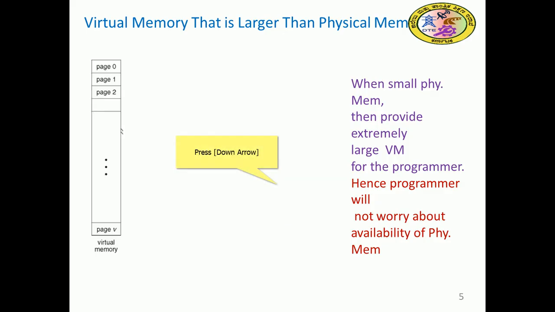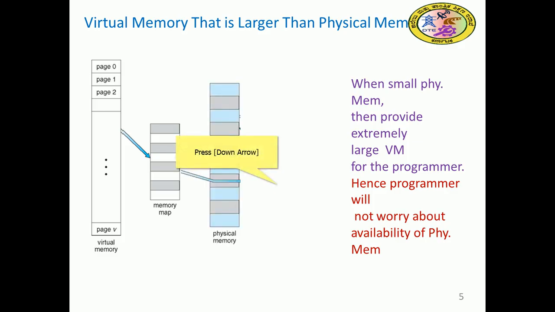Consider the logical memory, that is the virtual memory. The process will be partitioned into pages: page 0, page 1, page 2, n number of pages. Similarly, there is a page table, part of the memory map unit, which holds the page correspondence: page 0 is in which frame, page 1 is in which frame of the main memory.